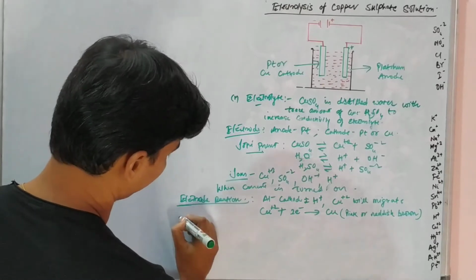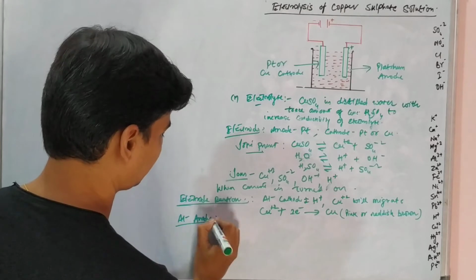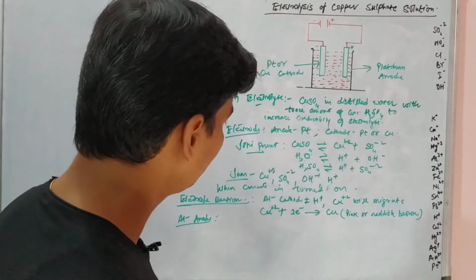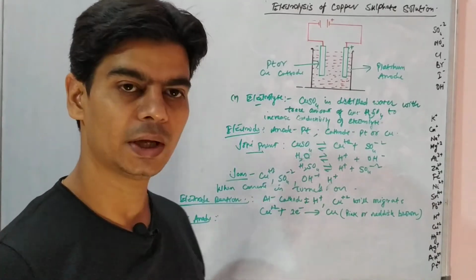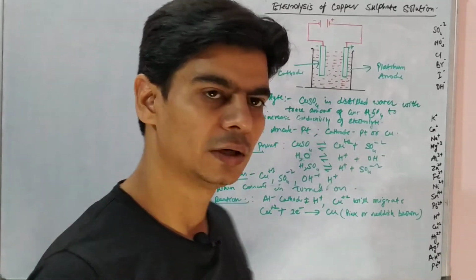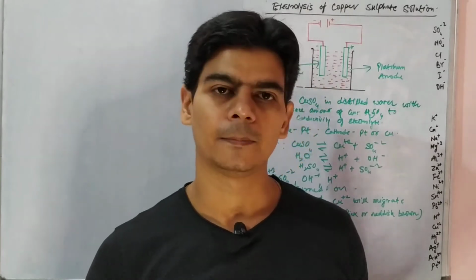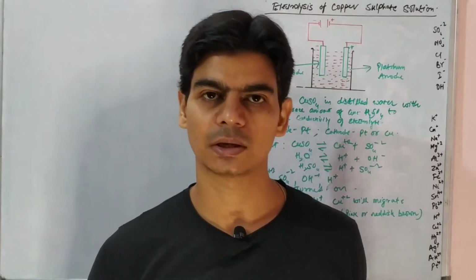Now at the anode, which is the positive electrode, anions will migrate among these 4 ions. We have 2 anions, sulfate anion and hydroxyl ion. Again, here we need to consider preferential or selective discharge of ions.